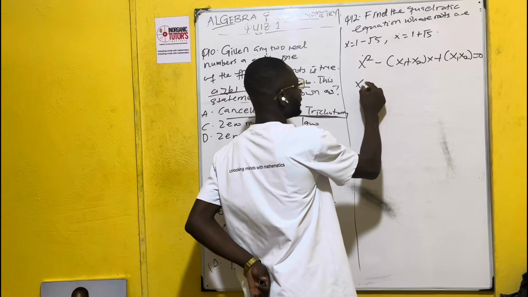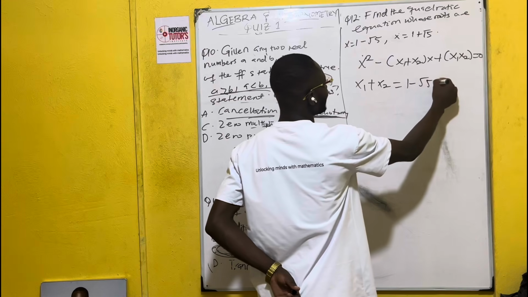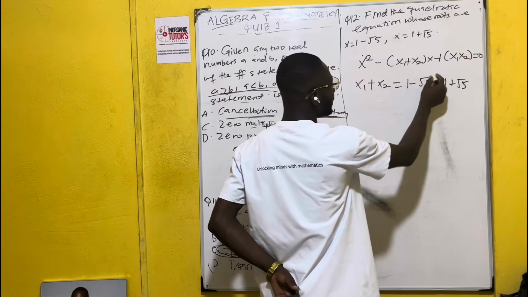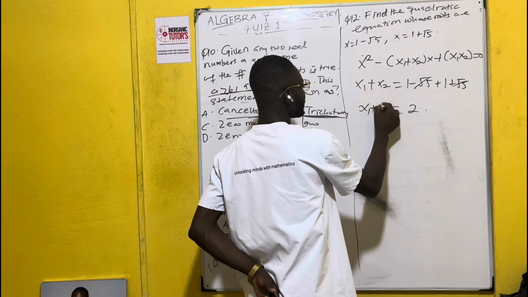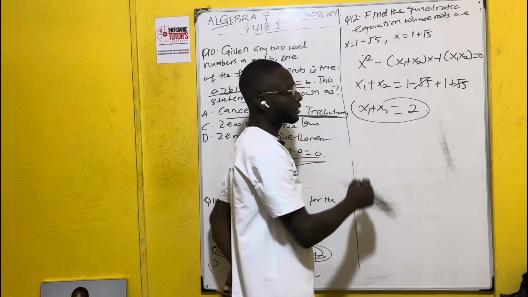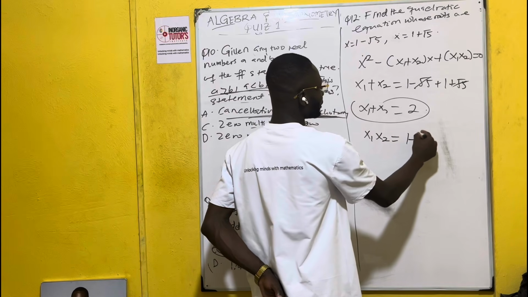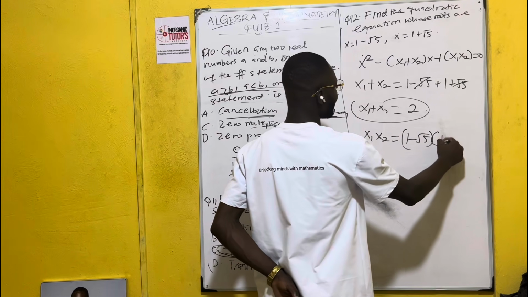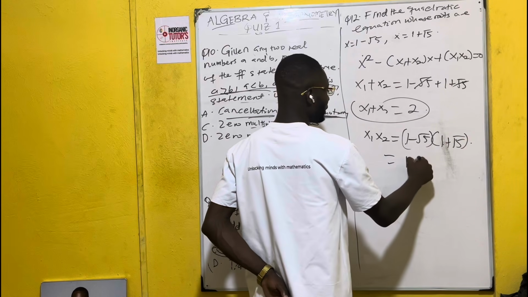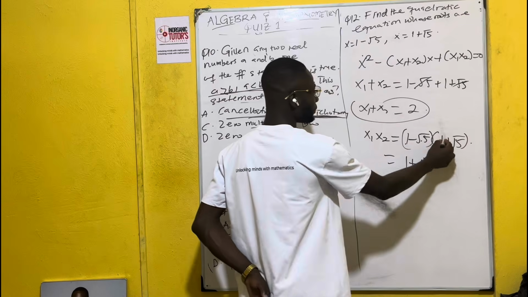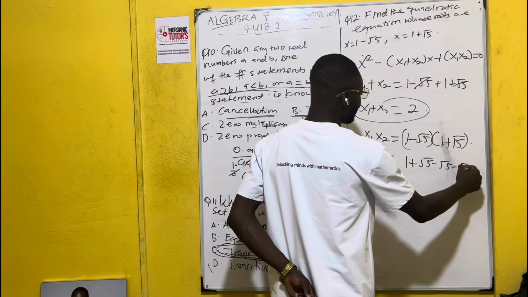So let's find the summation first. If you sum these two, 1 minus square root of 5 plus 1 plus square root of 5, this cancels this, and so we have 2. So the summation is 2. Now let's find the product. x1 times x2 will be 1 minus square root of 5 multiplied by 1 plus square root of 5. This will give us 1 plus square root of 5, minus square root of 5, then minus 5.